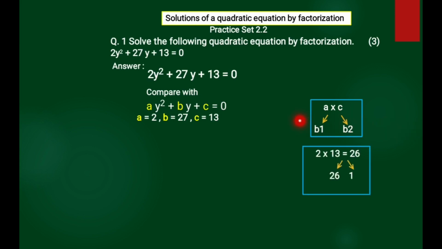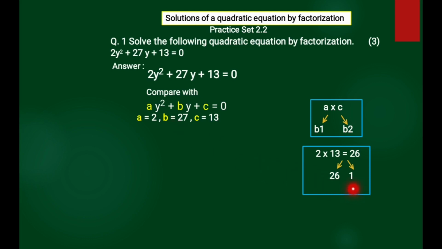So we again use this form. The value of a is 2, the value of c is 13. So 2 into 13 we get 26. Now we have to split up this 26 so as to get its sum as the value of b. So 26 can be written as 26 into 1, and its sum must be the value of b.